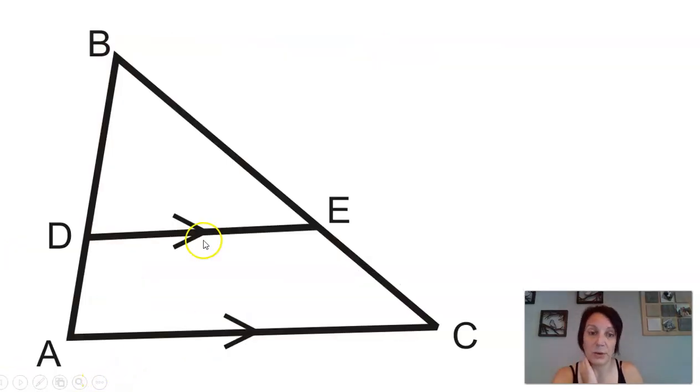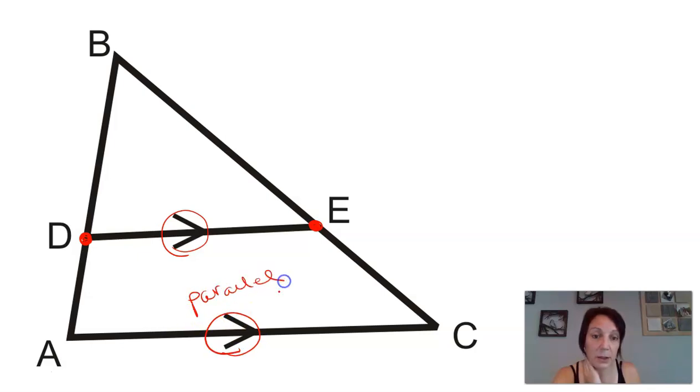Okay, so in this example, notice I have my triangle ABC, and here comes this line DE through the middle. The only reason I'm able to set up the proportions I'm about to set up is because of these little symbols right here. Remember, those little symbols mean parallel. If I don't have parallel, I can't do this. So if these are parallel, here's what I know.